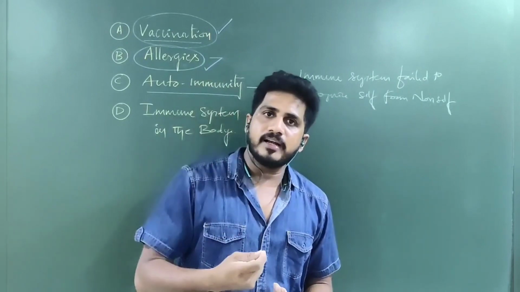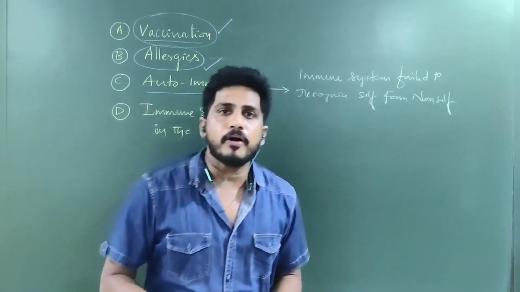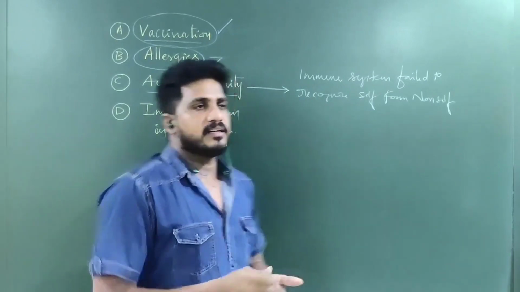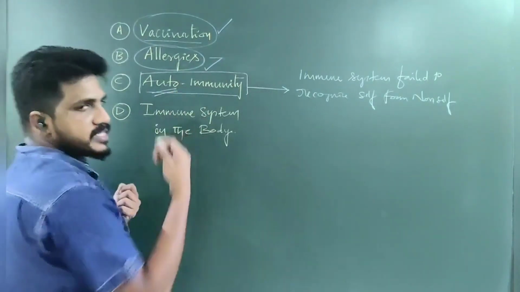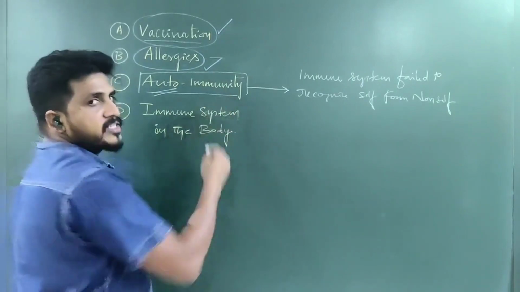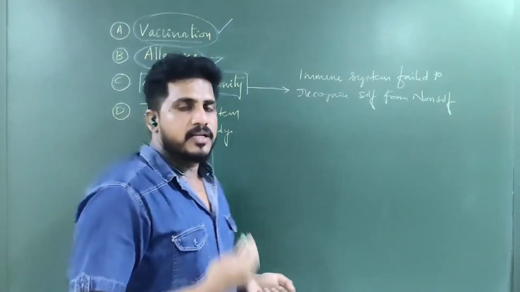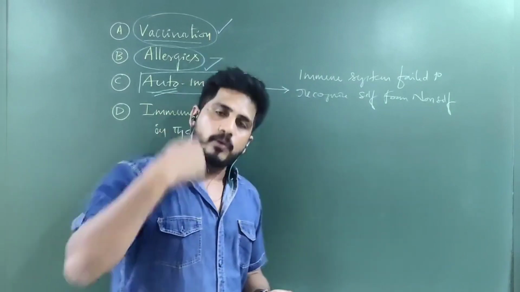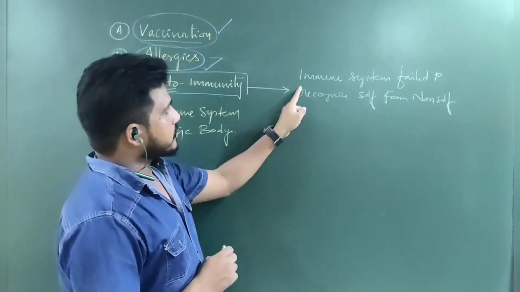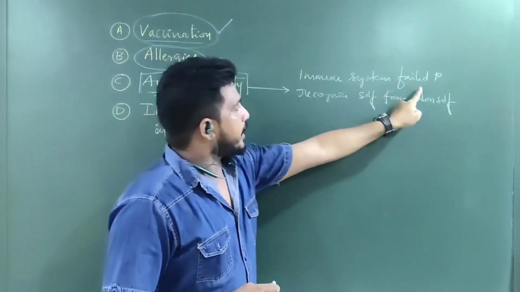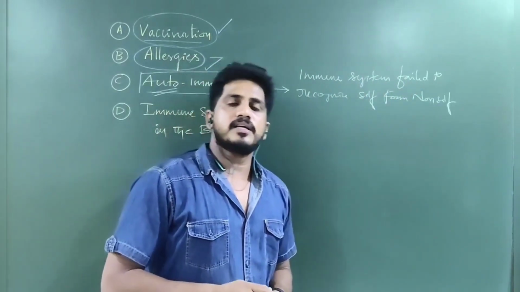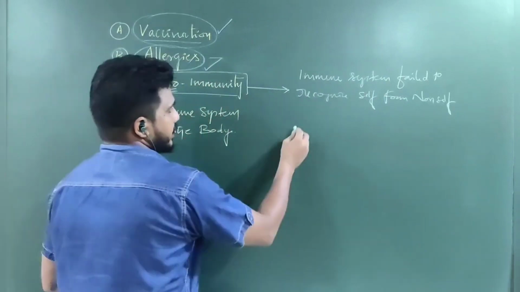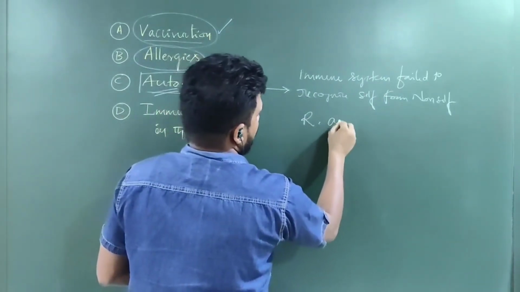Suppose they fail, then they attack our own body cells, resulting in an autoimmune disorder. Auto means self. So our self immunity has failed, so that our immune cells attack our own body cells. That is why it is called the immune system failing to recognize self from non-self. In such cases, some disorders will come. Example, rheumatoid arthritis.